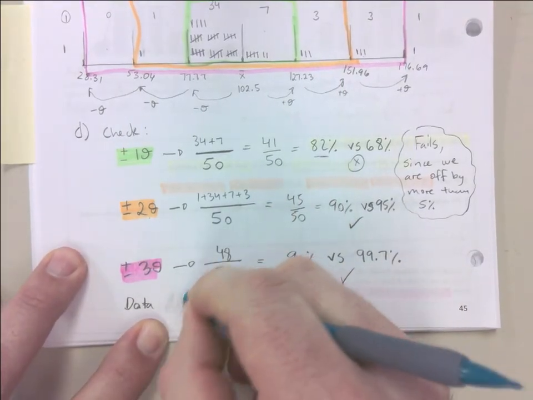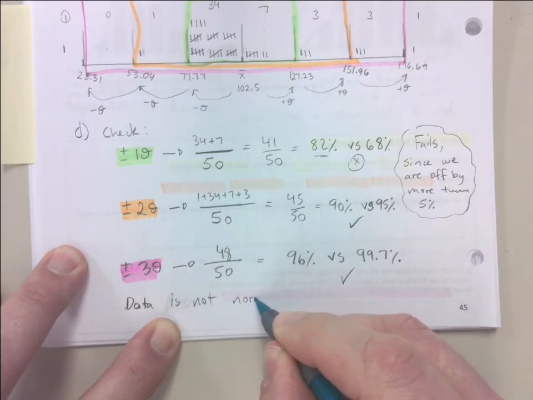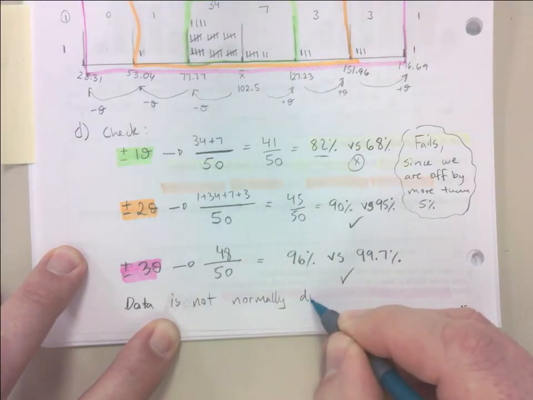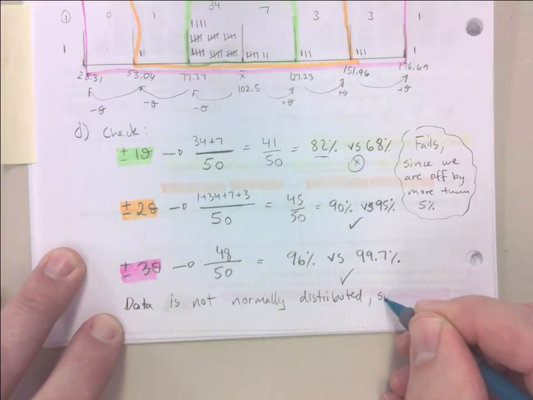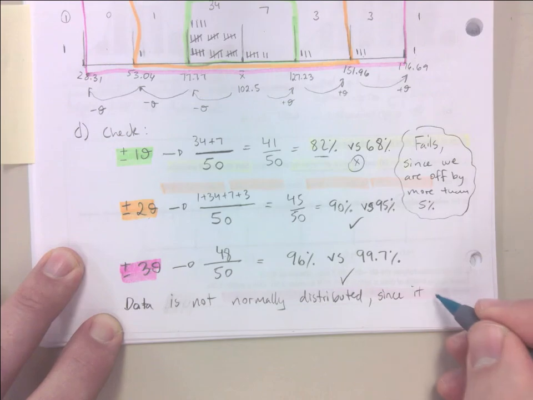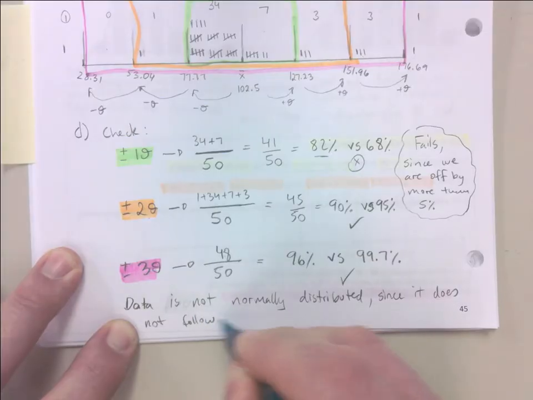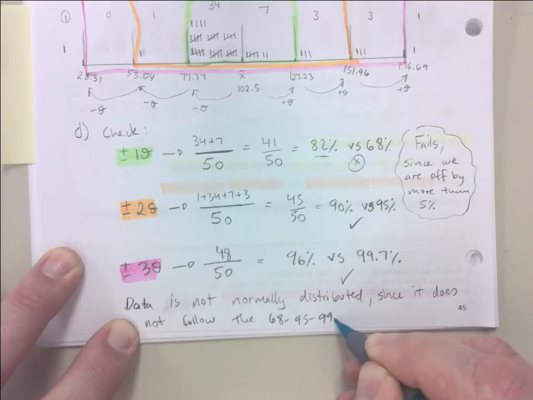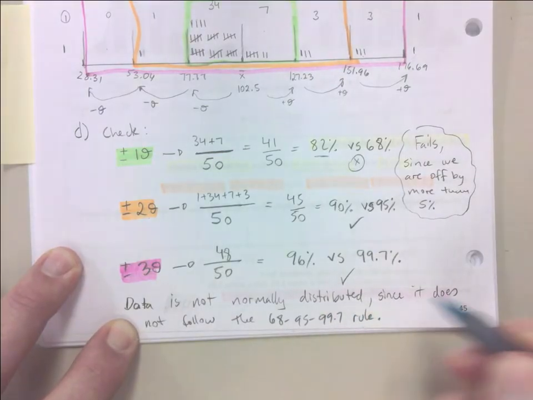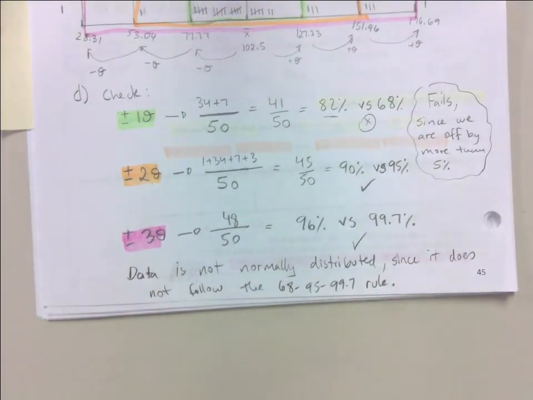That's what I'm going to say, comma, since it does not follow the 68, 95, 99.7 rule. That is like the final statement you have to get this right.